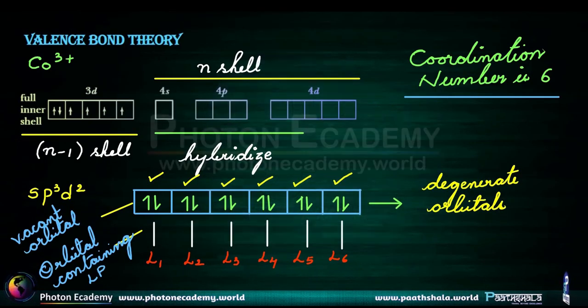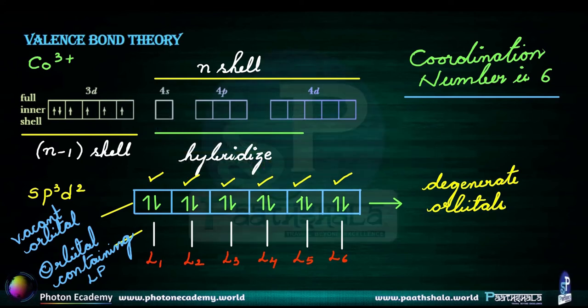If the d orbitals of the n-1 shell, which are called the n-1d orbitals or the inner n-1d orbitals, are involved in the hybridization process, then that complex is called an inner orbital complex.